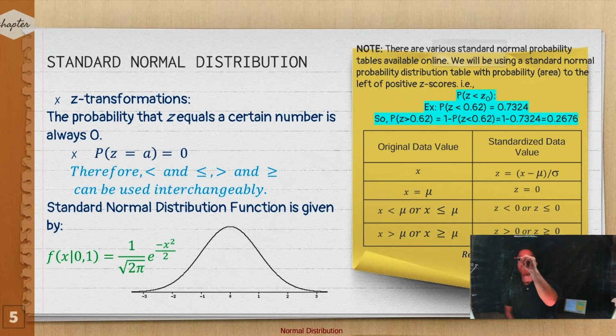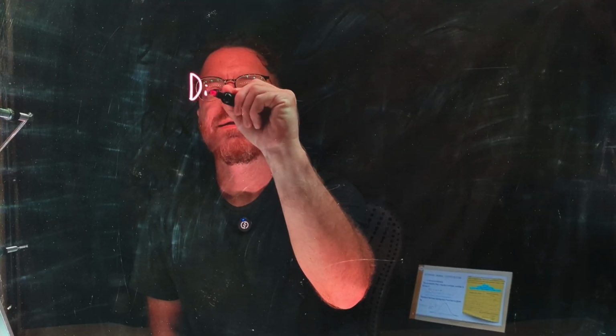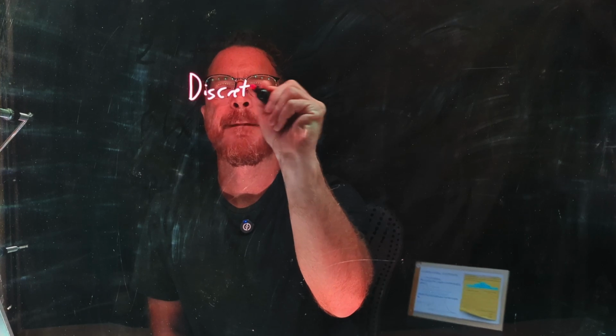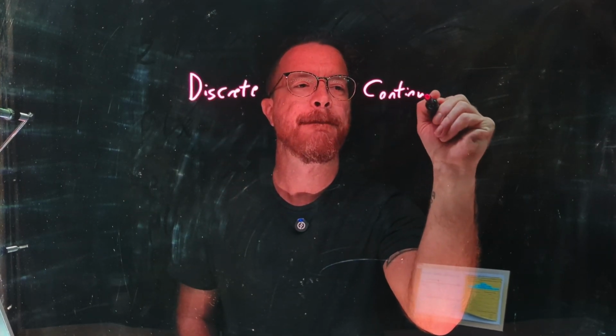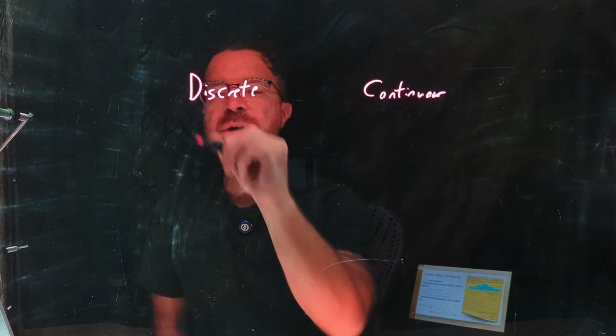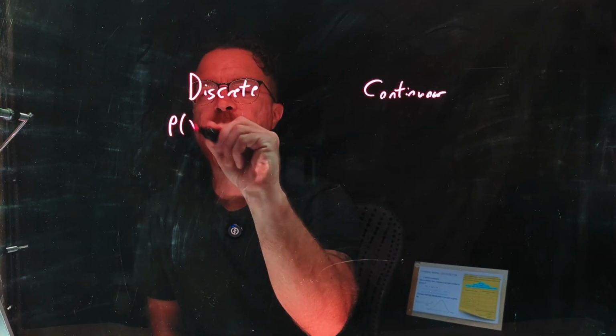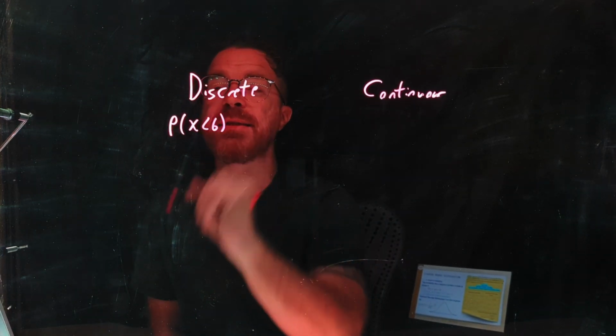So if we compare our discrete case to our continuous case. For discrete, if I said something like, what is the probability that x is less than 6?